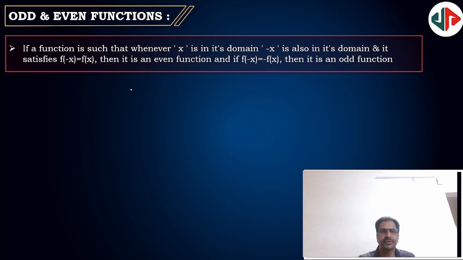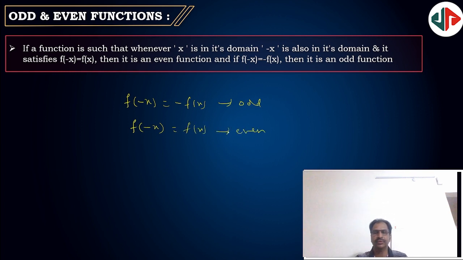Next, odd and even functions. Any function f of x is said to be odd if f of minus x is minus f of x. And it is said to be even if f of minus x is equal to f of x. So how to check whether the function is even or odd? Replace x with minus x first.